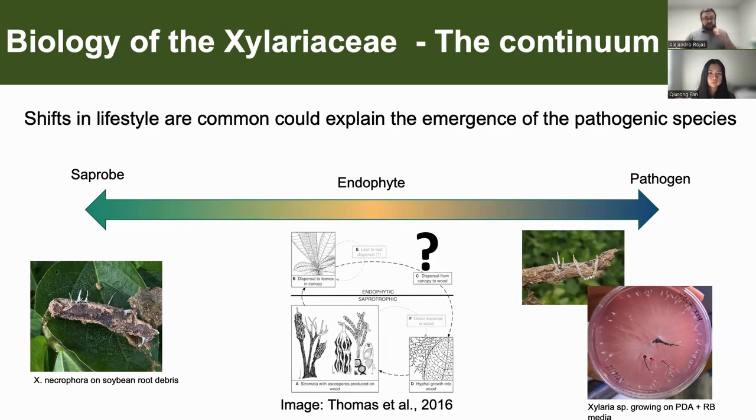Usually those are the ones called dead man fingers. But in our case, with Xylaria necrophora, we have those tiny fingers being produced on the stubble that is present in the field. So we know that it's a good saprobic fungus. We can also recover Xylaria from dead or infected plant material and get the pathogen in clean cultures.